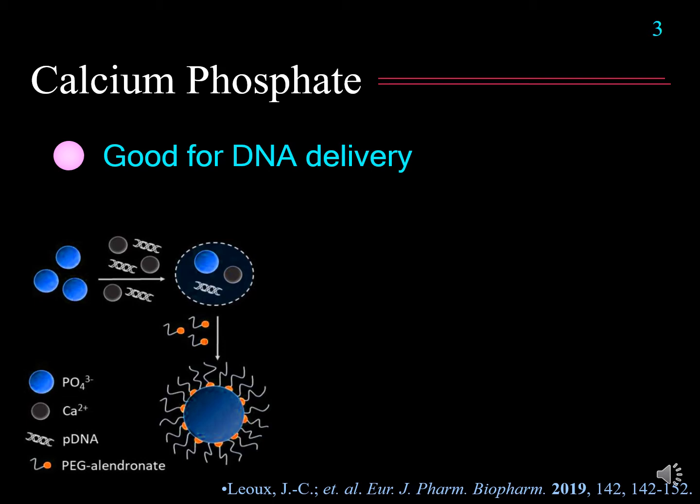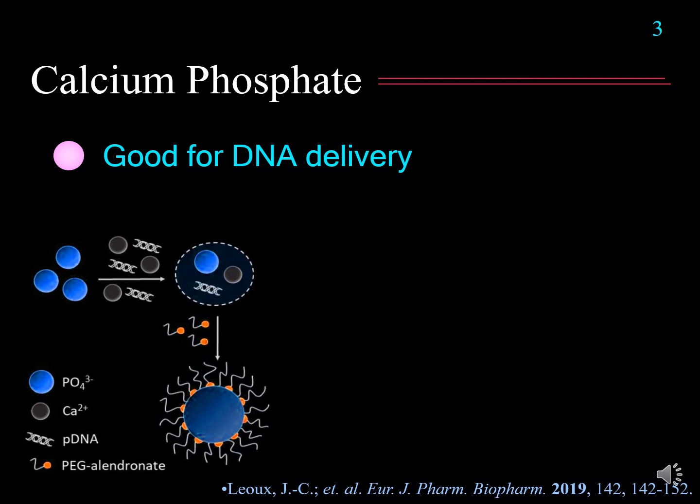Calcium phosphate is composed of calcium ion and phosphate ion, and DNA and RNA also contain phosphate groups in their structure, meaning that we can have a strong interaction between the calcium ion and the phosphate in the DNA.